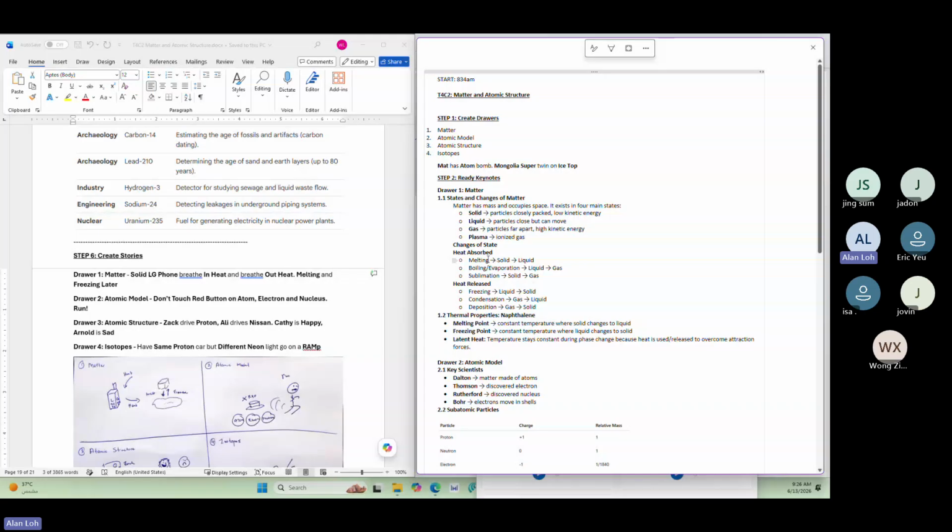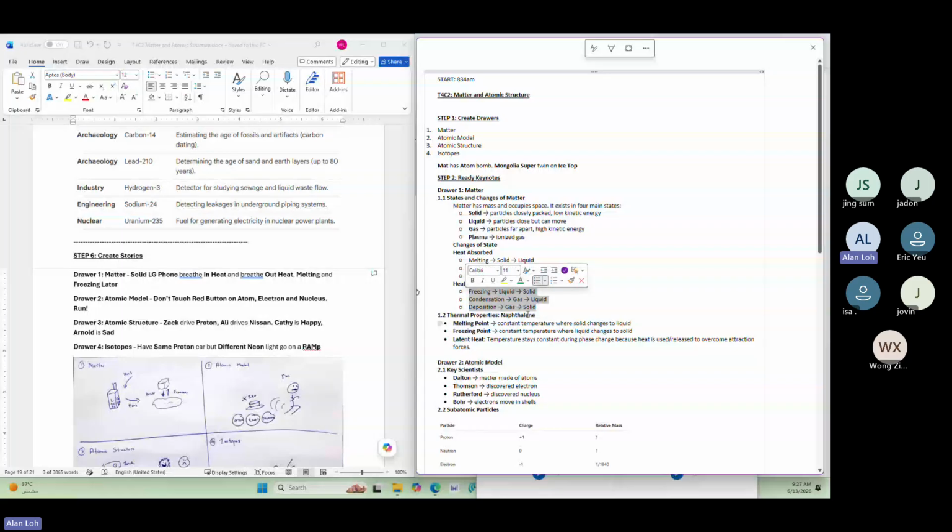Because it's harder to climb the staircase, so you need to eat more rice, right? So you need to absorb heat, absorb more energy, for example. Okay, if this can help you to not be confused about which state is in absorb, which state is in release, right? For the release is the other way, from up to down, gas to liquid, liquid to solid, or gas to solid, right? So that is drawer number 1.